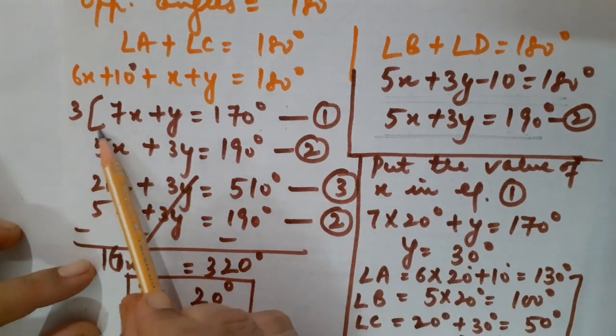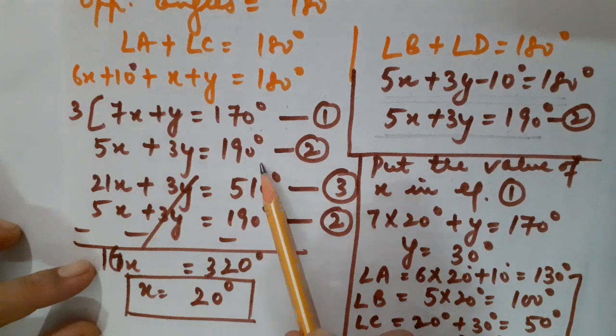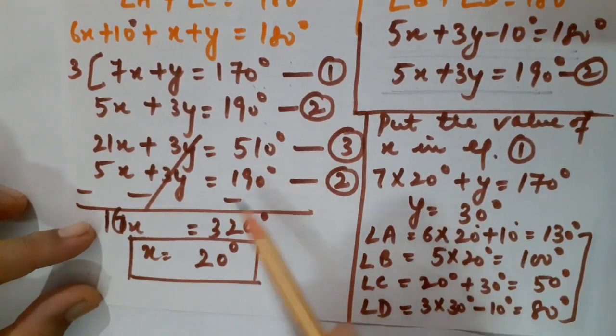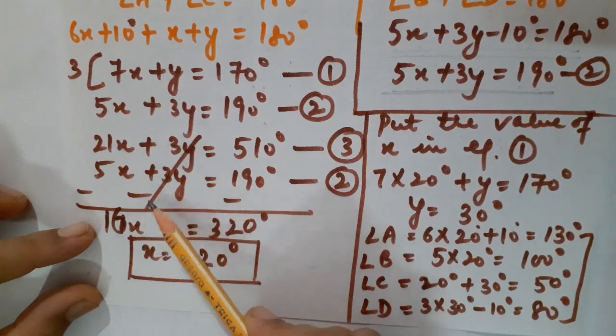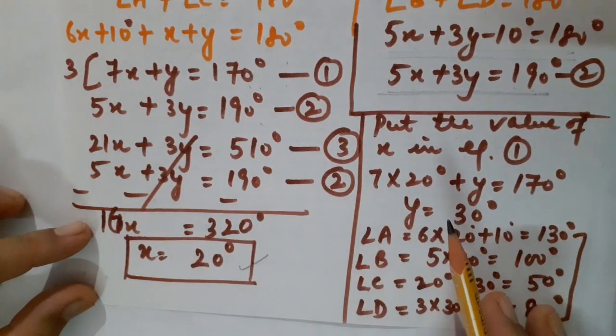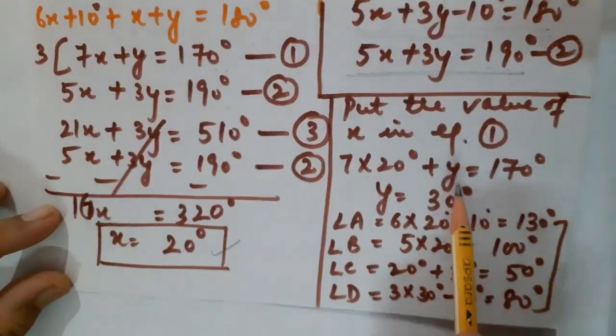Now while multiplying equation number 1 by 3 and equation number 2 by 1, I have got these equations. I am going to subtract both of them. So the value of x will be 20. After putting this value in equation number 1, I have got y is equal to 30.